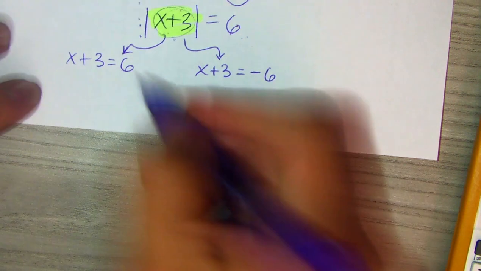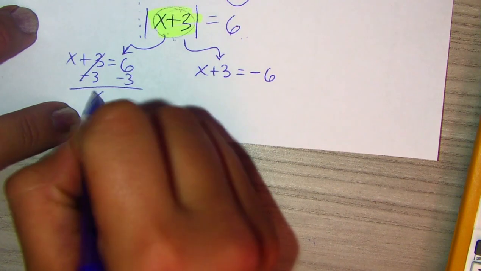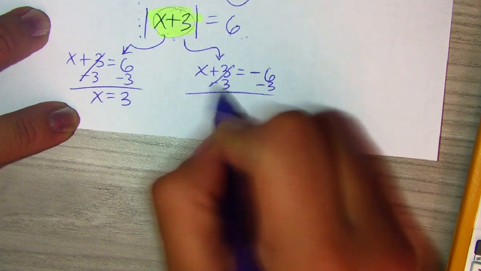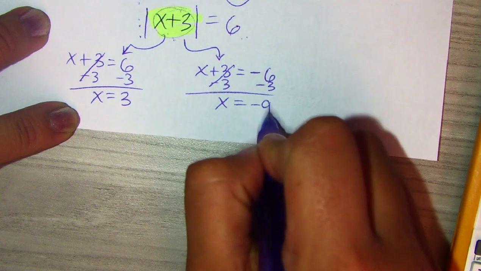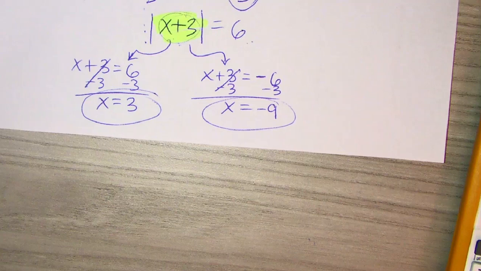And then you solve. So we're going to subtract 3 from both sides. X equals 3. Subtract 3 from both sides. X equals negative 9. So between these two answers, we have the positive answer.